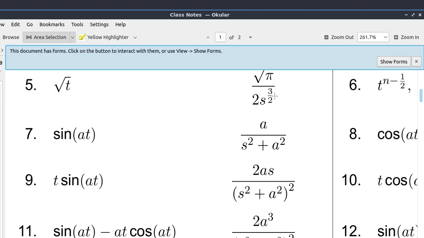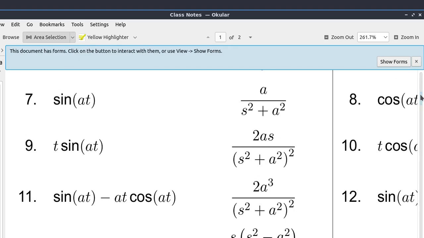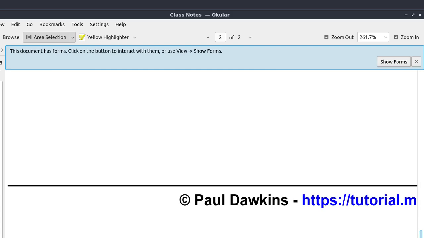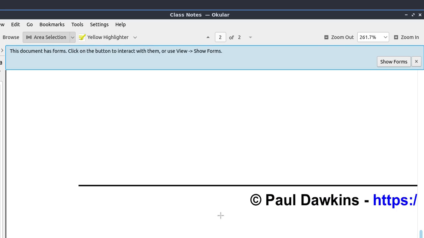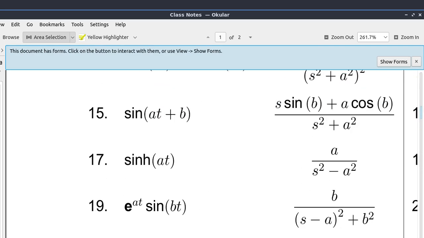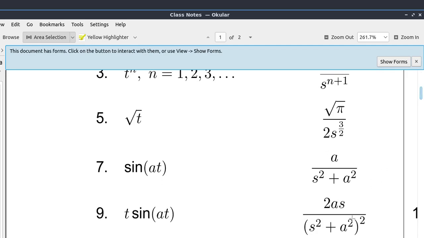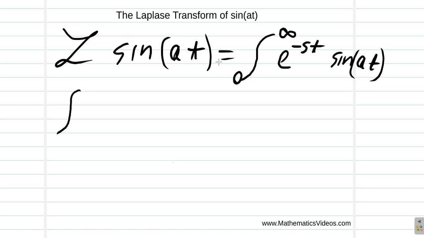But we want to see how it is derived before we go on. This is a table I found online by Paul Dawkins, and it's at this website here. So, our sine at, when we finish, we're supposed to get a over s squared plus a squared. So, let's see what happens.